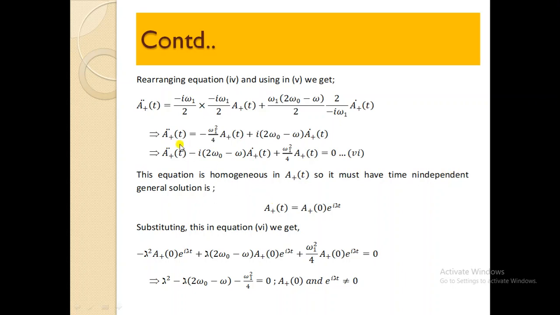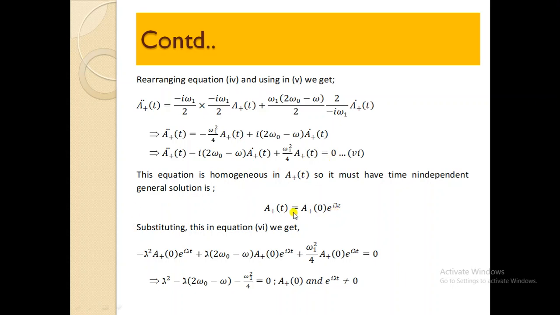So for a plus t we can write a plus 0 e to the power... there is a minus 1 term, so for plus 1 you have a plus t equal to a plus 0 e to the power I lambda t, where this a plus 0 will not depend on time, since it is non-homogeneous.